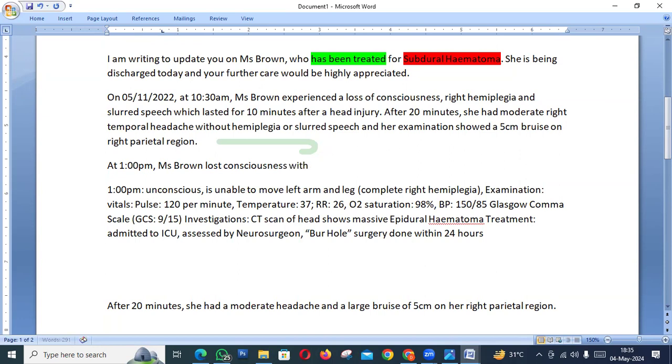Miss Brown lost consciousness with complete right hemiplegia. Okay, like that is enough.